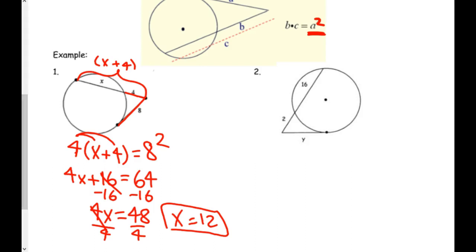Last one on the notes here. Let's go to the secant again. What's on the outside? 2. What's the whole thing? 2 plus 16, 18. So 2 times 18, outside times whole thing, equals, and what do I do with that tangent?